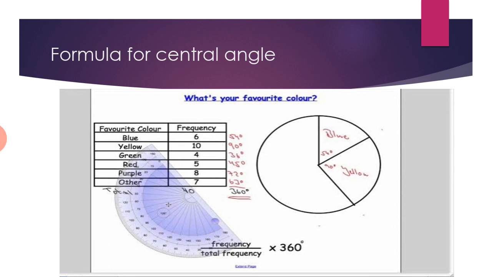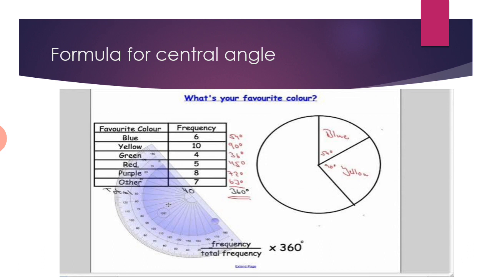Here also the total frequency we have to find out. So when we add all these frequency numbers 6, 10, 4, 5, 8, 7, they become equal to 40. Now I am going to teach you how to find the central angle degree.